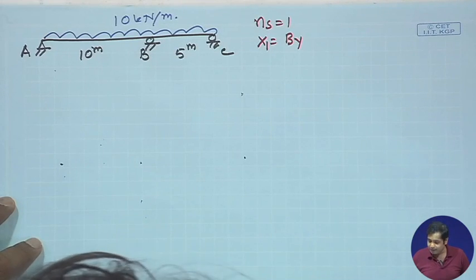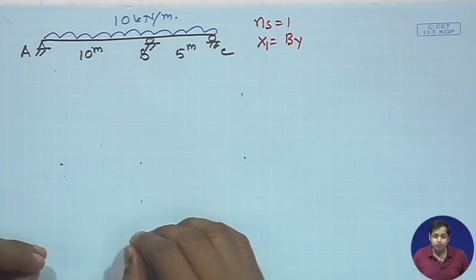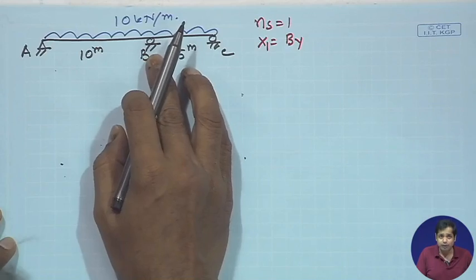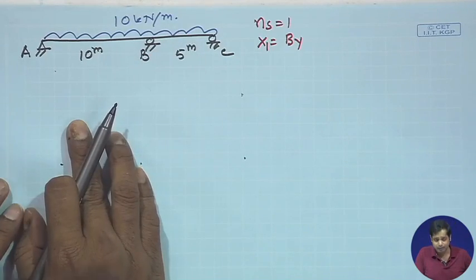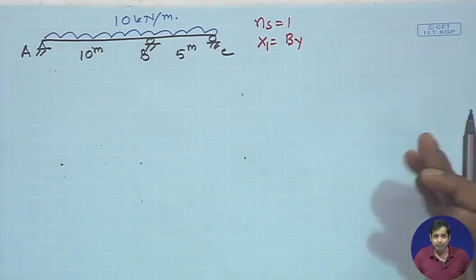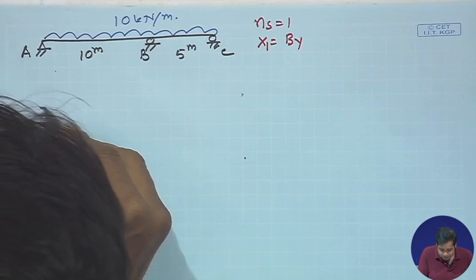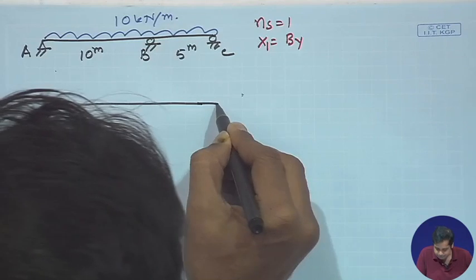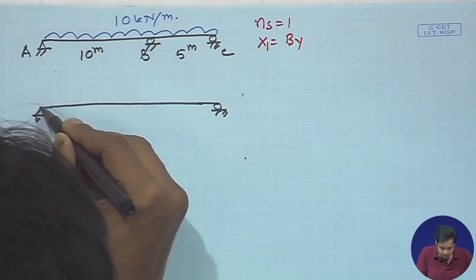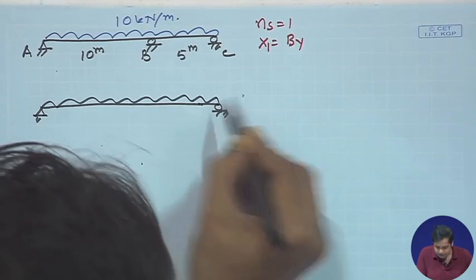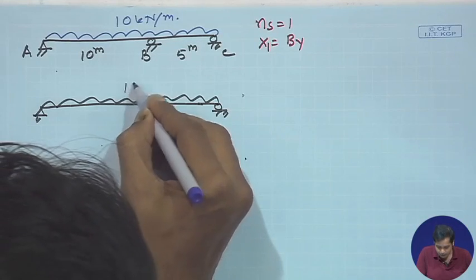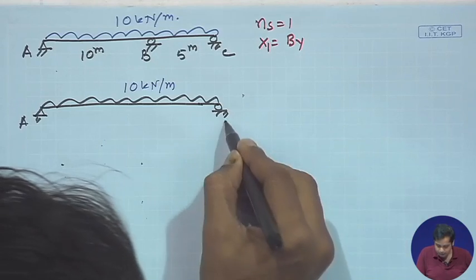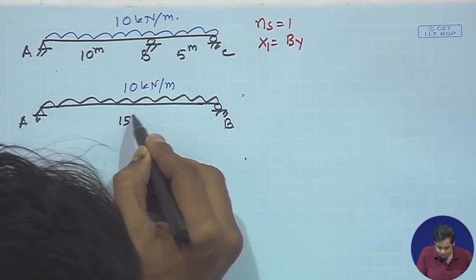Now, before we proceed to step 3, we need to remove this redundant force and get the primary structures. So, this is the primary structure which is subjected to the external load, A, B, and this becomes 15 meter.